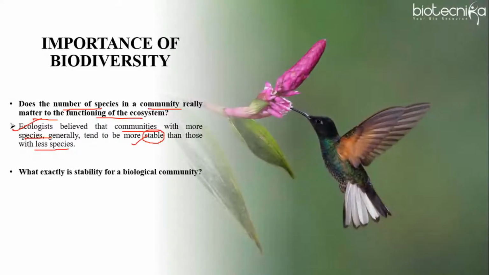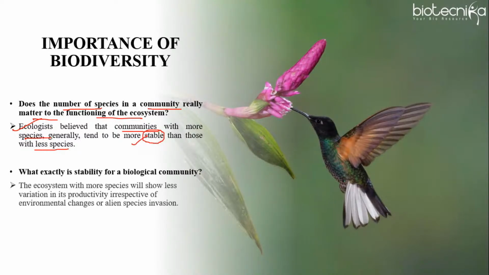So related to that, I have another question for you all: what exactly is stability for a biological community? The stability of the community is defined as the state of the community where the productivity of the ecosystem is high and constant, irrespective of the change in environmental conditions.